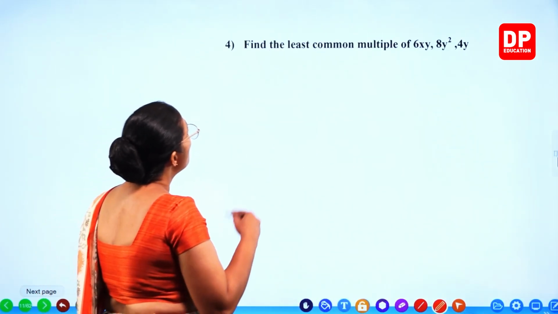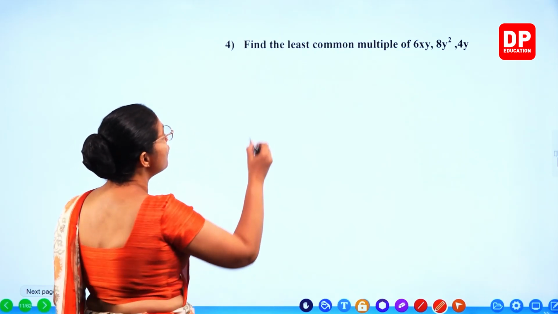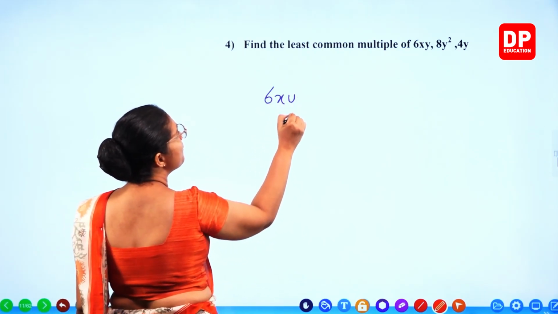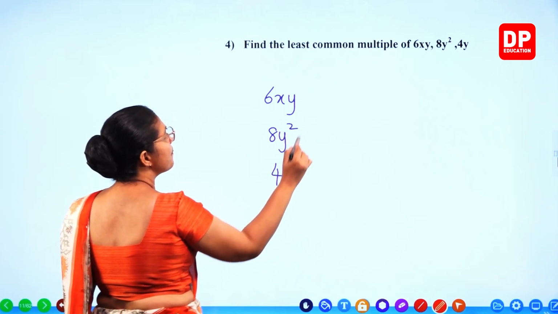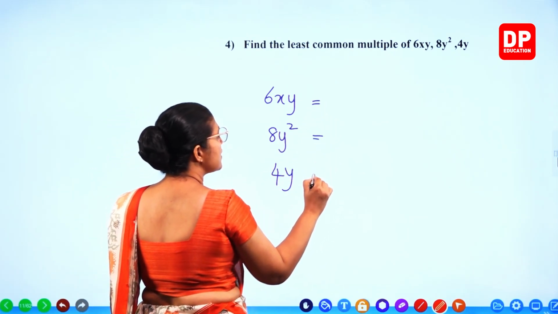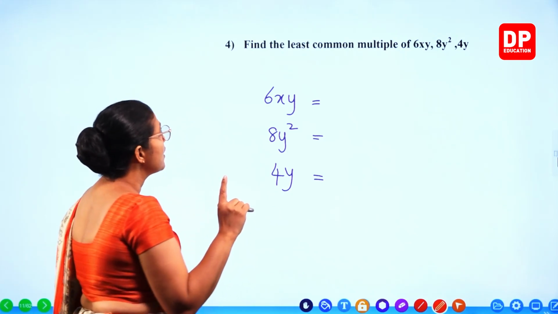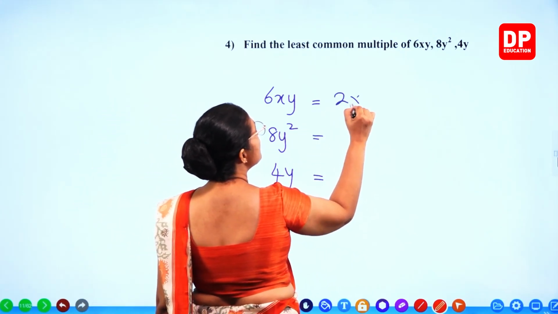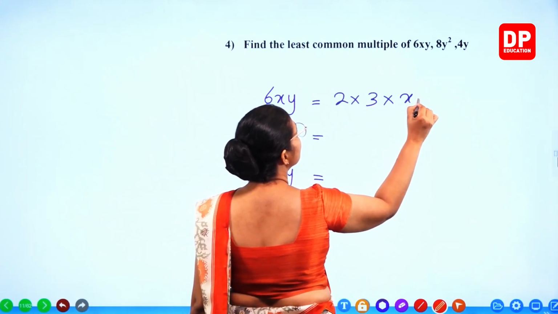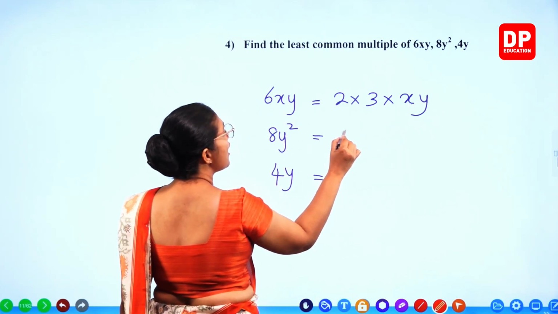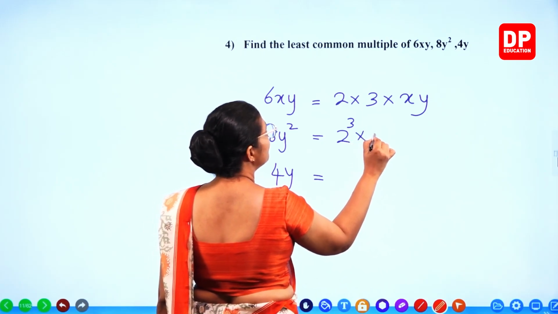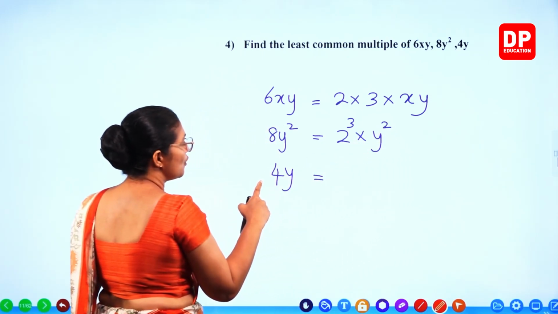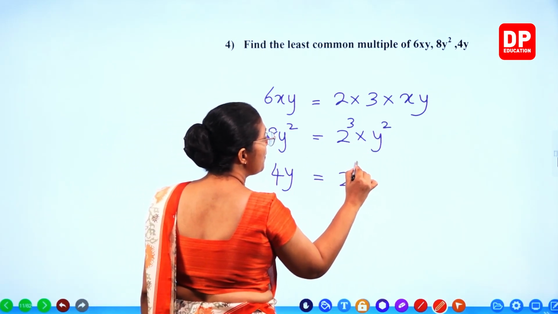Question number 4. Find the least common multiple of 6xy, 8y squared, 4y. So find the prime factors. 6 you can write as 2 times 3. 8 you can write as 2 to the power 3, 2 times 2 times 2. 4 you can write as 2 to the power 2.